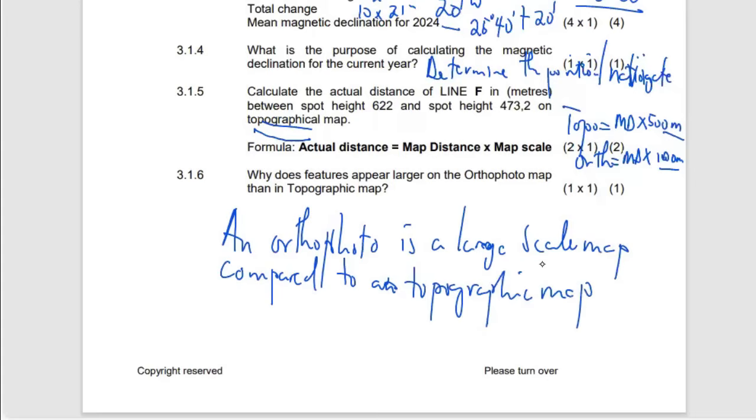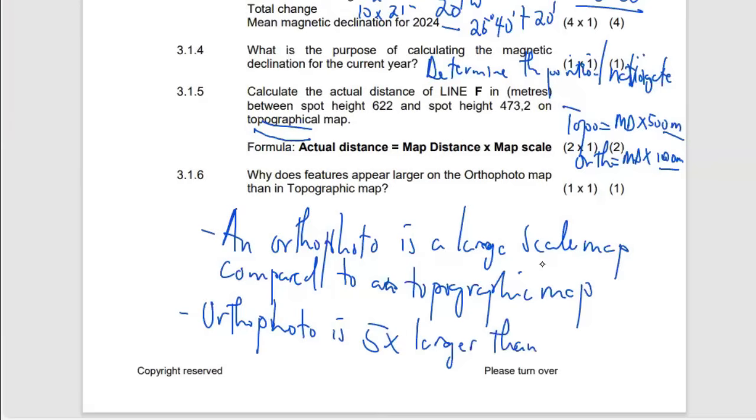To be specific, we say an orthophoto is 5 times larger than a topographic map. So the issue is about scale here.